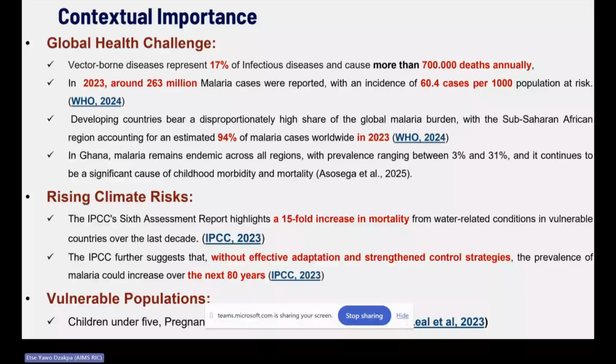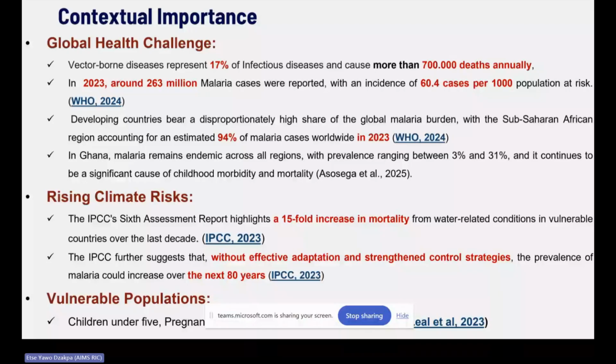In addition to those public health problems, currently we are facing what we call climate risk. Climate risk is the change in temperature and change in precipitation or rainfall that later have an impact on those diseases. From a recent IPCC report, the Intergovernmental Panel on Climate Change, we noticed that over the last decade, mortality due to water-related conditions has increased 15-fold.